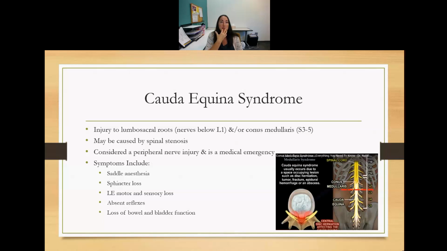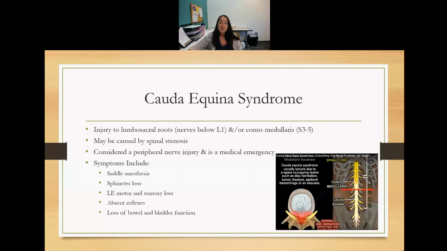Spondylosis is that break in the bone, and then spondylolisthesis is where the vertebral body has slid into the spinal column and it's pressing on the nerve. So that could be a cause of Cauda equina syndrome as well. It could even be significant inflammation, or a tumor developing in the area. Any of those things can push on the spinal cord at any point, but if it happens below L1, it would be Cauda equina syndrome.